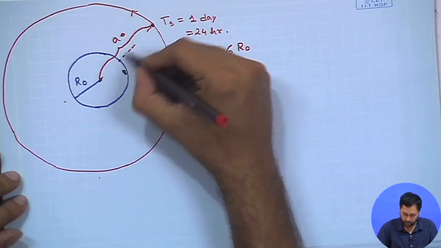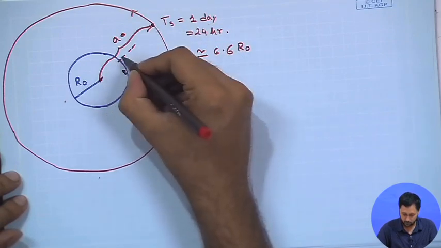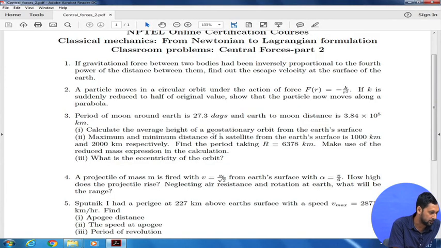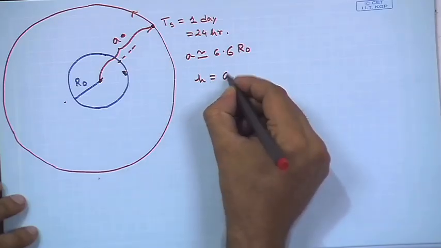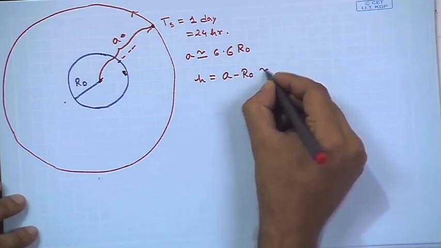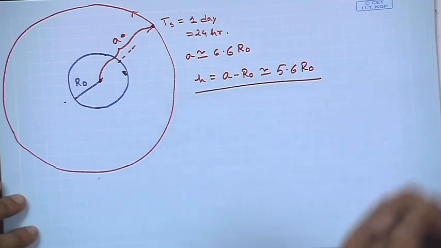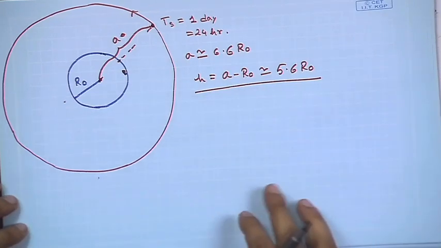Now, if this is 6.6 R0 and this is R0, then the answer to problem 1, what is the average height of a geostationary orbit from Earth's surface, will be h equal to a minus r0, approximately 5.6 R0. So, this is the answer.